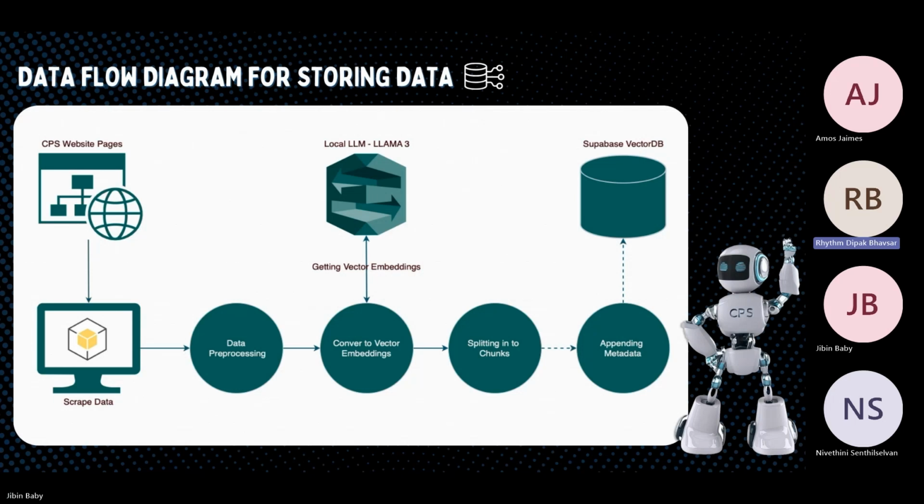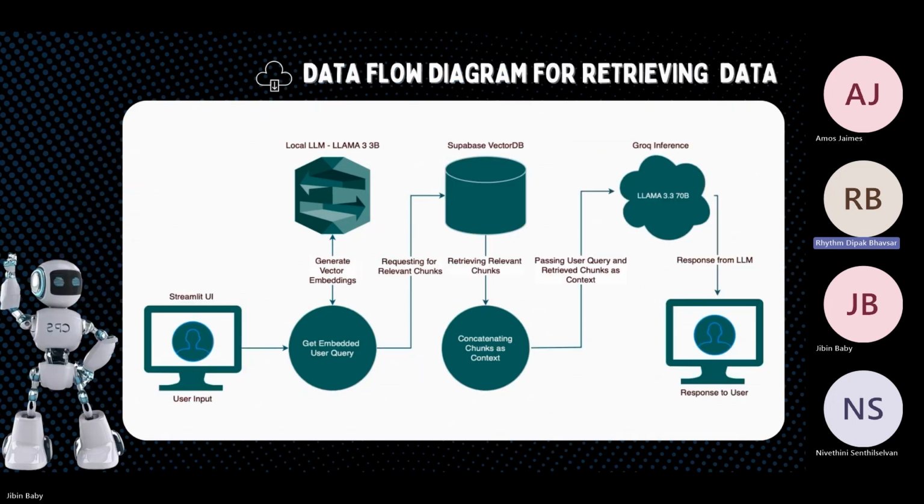After getting the embedding vectors, we split it into chunks, and after splitting it into chunks, we convert it into metadata to store it into the vector database named Supabase, as I mentioned earlier. So this was all about the data part. We had scraped the data from the Northeastern web pages and finally stored it in the Supabase vector database as well.